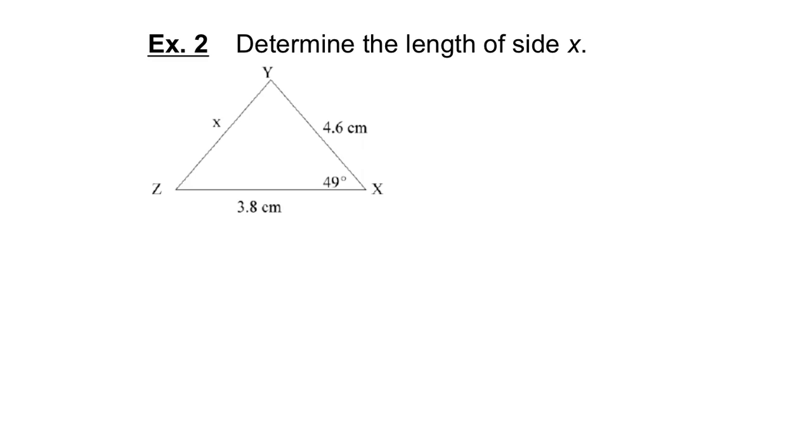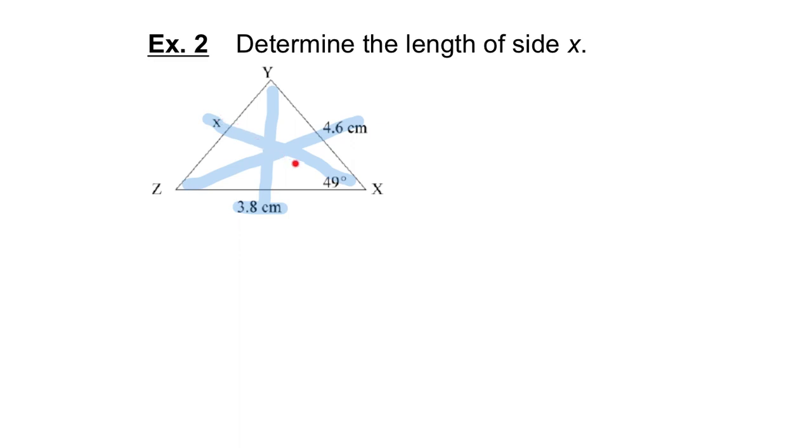Here's a different example. Determine the length of side X. Here's X, it's this side length here. So just like before, we want to check to see if we can find matching pairs, to see if we can use the sine law.